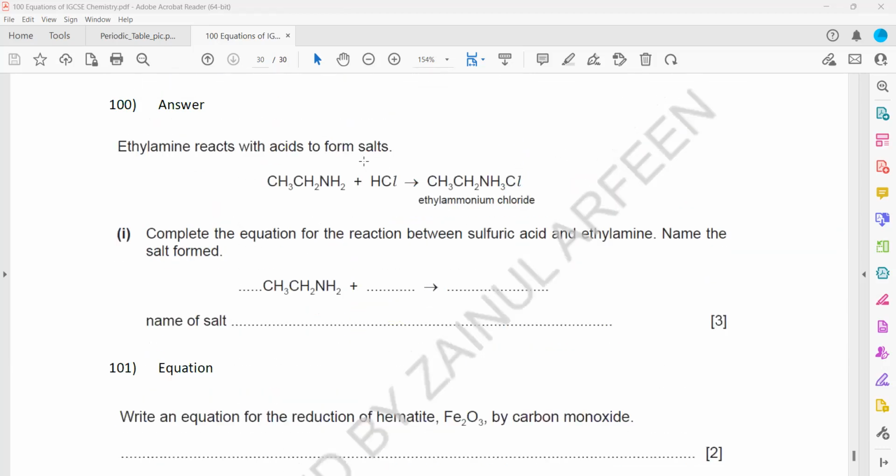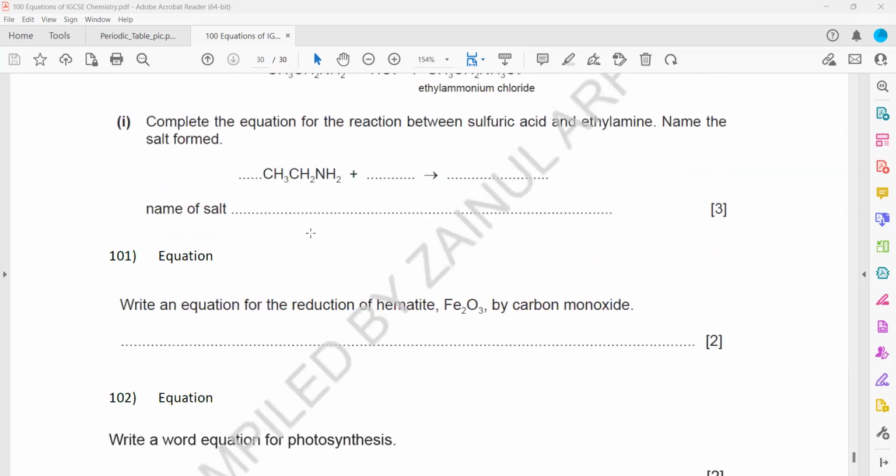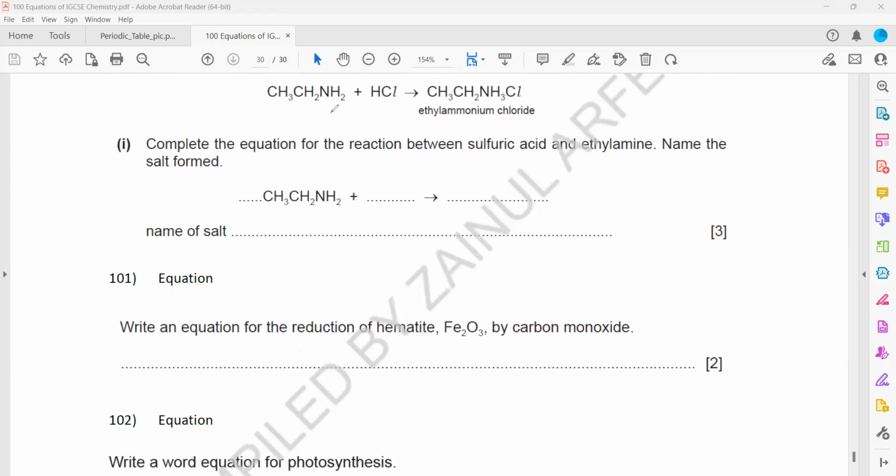The next is complete the equation for reaction between sulfuric acid and ethylamine and name the salt produced. The hint is given to you in the first part. They give you the hint that when ethylamine is reacting with hydrochloric acid, it is producing ethyl ammonium chloride. So if ethylamine is reacting with sulfuric acid, H2SO4, what will the salt produced be? It will produce ethyl ammonium sulfate.